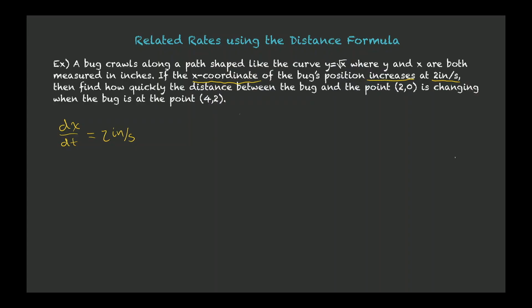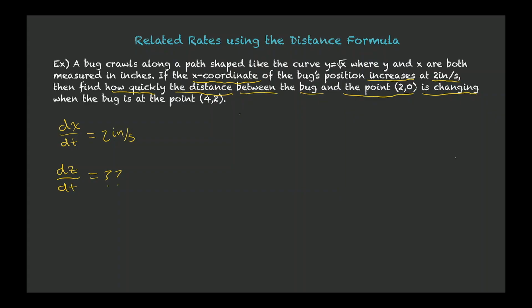So it's asking how quickly the distance between the bug and the point (2,0) is changing. Okay, so it's a change in distance, so I could write dD/dt, or I'm going to use z for my distance, so dz/dt is equal to question mark. All right, so that's the first key step, is to locate all the rates of change in the given problem, including the question itself.